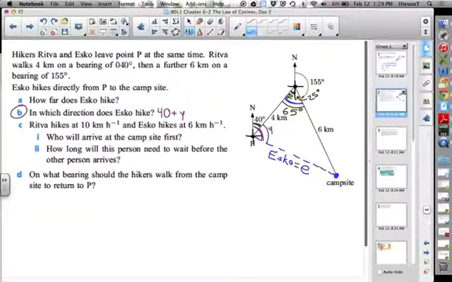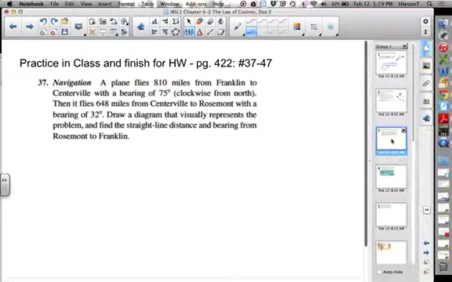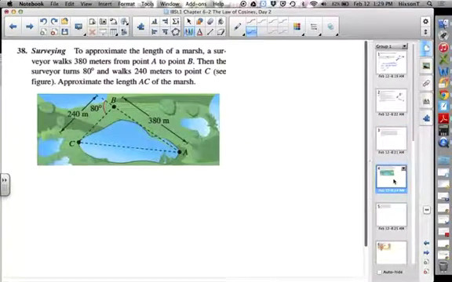Start with this one. I'll get a solution up here, and just don't look until you want to check your answers. After that, move on to page 422, starting with 37, and keep going.